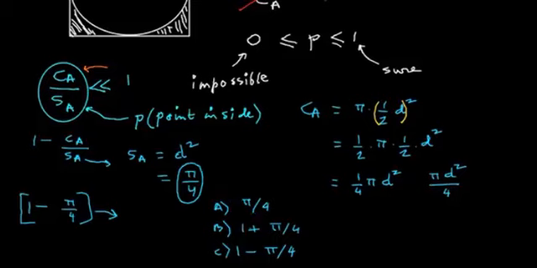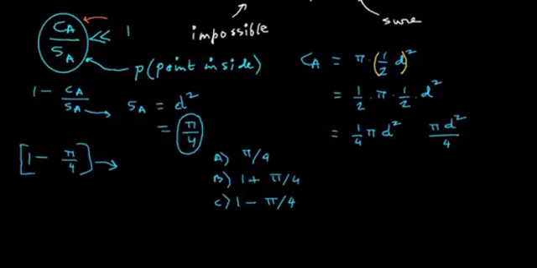Just one more thing. Sometimes in problems like this, you don't even see an option that is 1 minus pi over 4. Instead, what you see is something like 4 minus pi over 4. Now, I'm just making things trickier for you, just to give you more exposure.